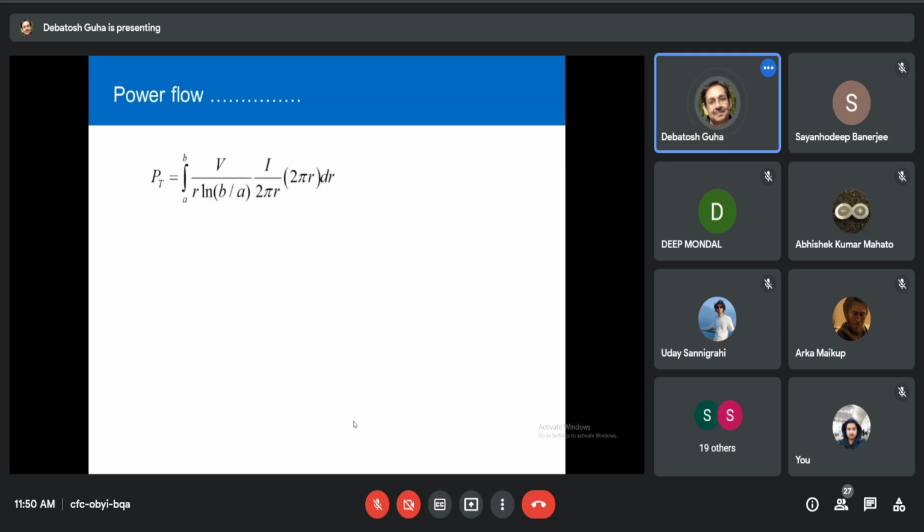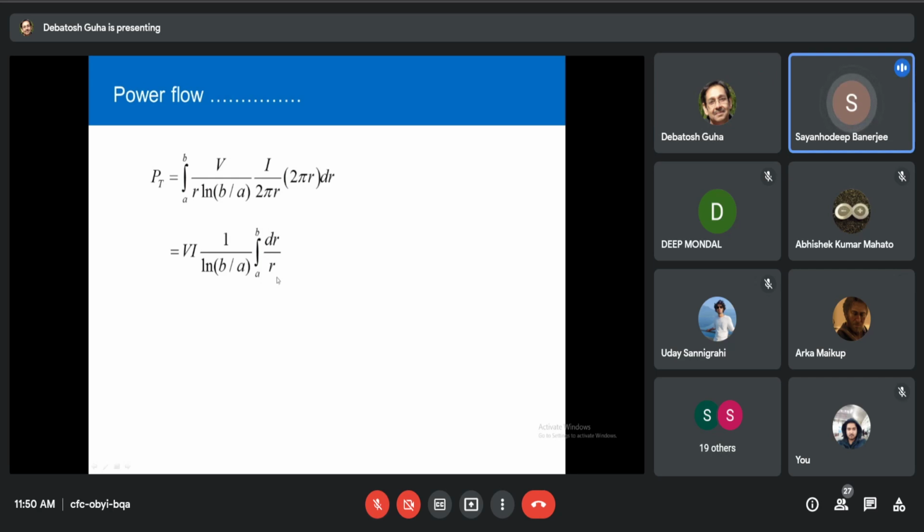So now you integrate voltage and electric field, magnetic field, and total area. What is the value of this part? Can you tell? ln b by a, that means the denominator.